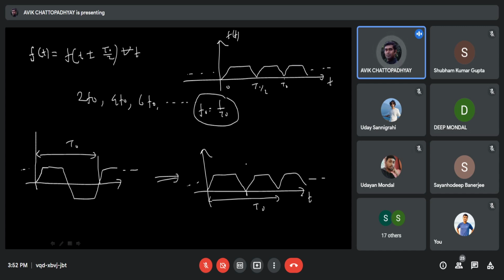So in that case, if you apply the property of half-wave symmetry in the even sense, your DC term will be there, and even order harmonics will be there, when this is considered as the fundamental frequency.